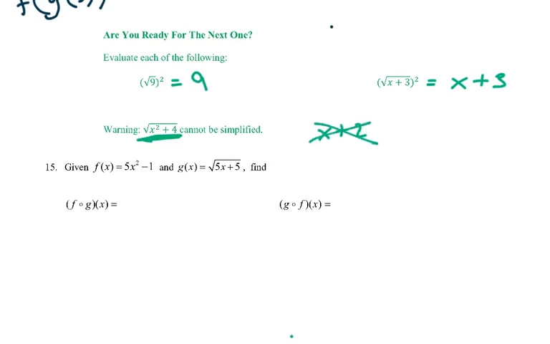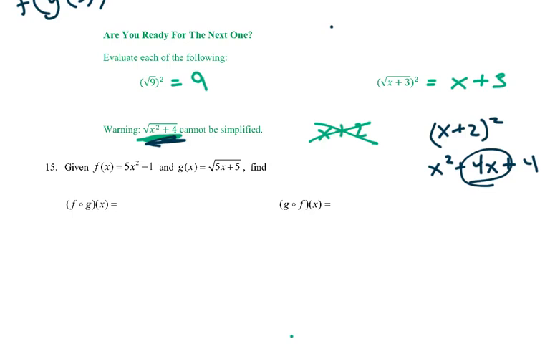It is not, because if you think about it, x plus 2 squared does not give you x squared plus 4. X plus 2 squared gives you x squared plus 4x plus 4. So you're missing a middle term. So that's not simplified by getting x plus 2. So just keep that in mind.